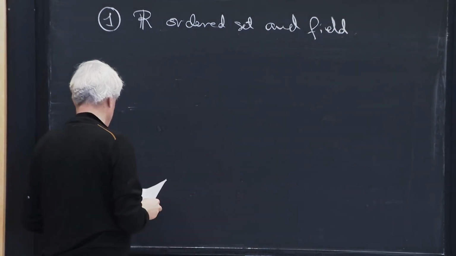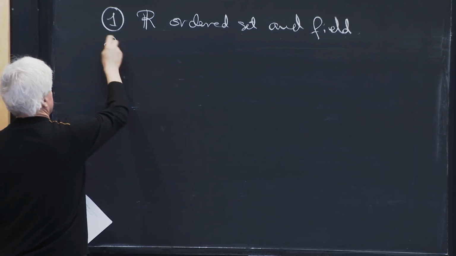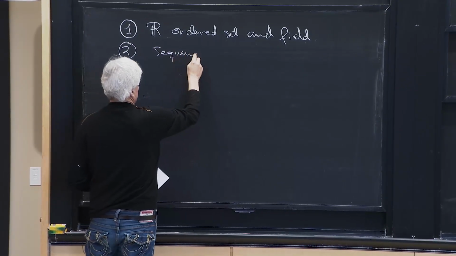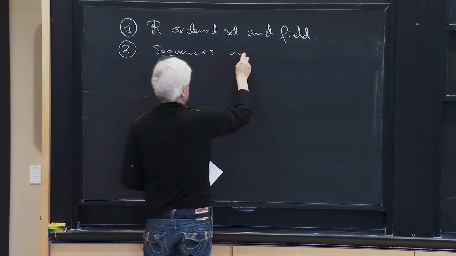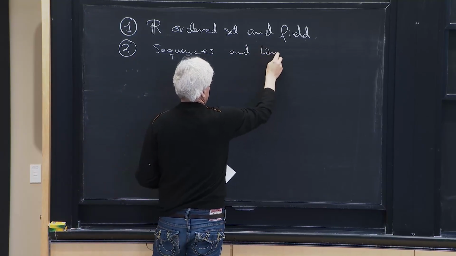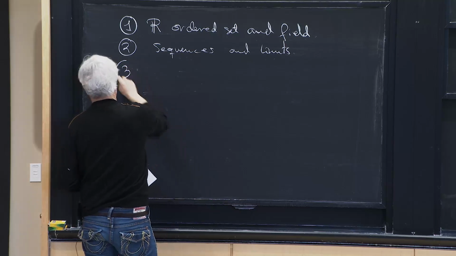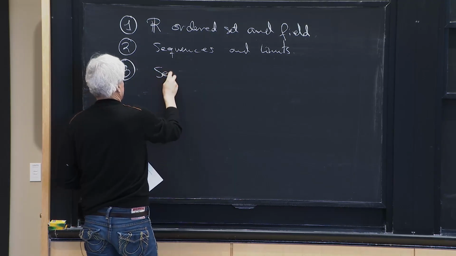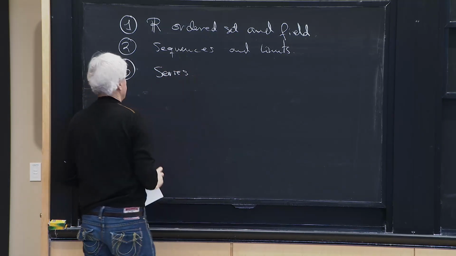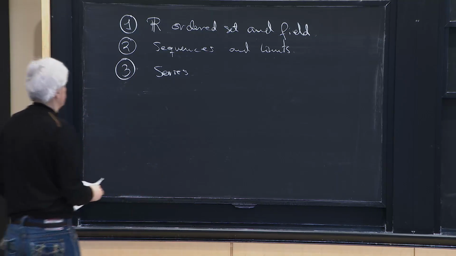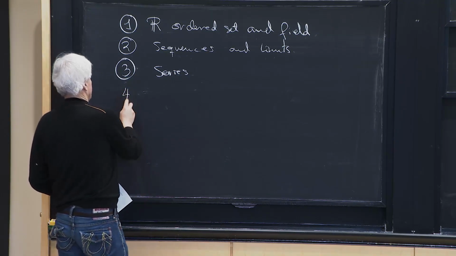Then we have talked about sequences and limits. And then we talked about series. And then finally, we have talked about, and this is where we will continue today, metric spaces.